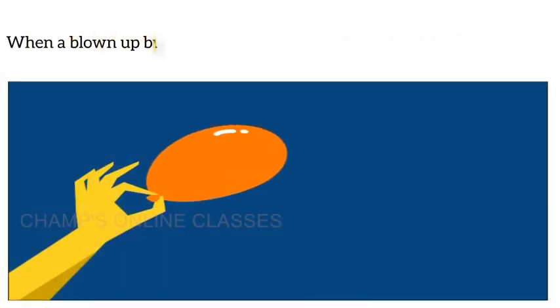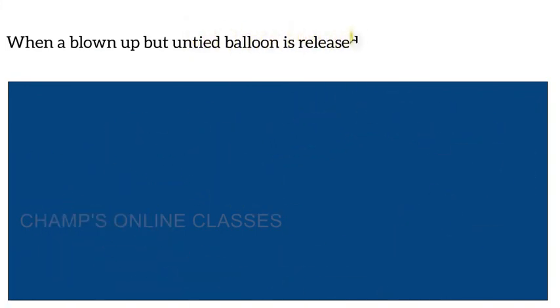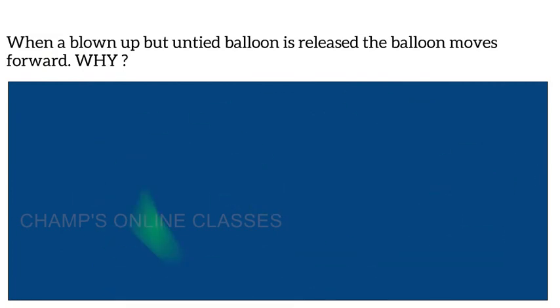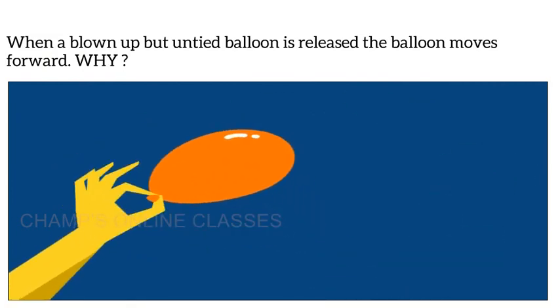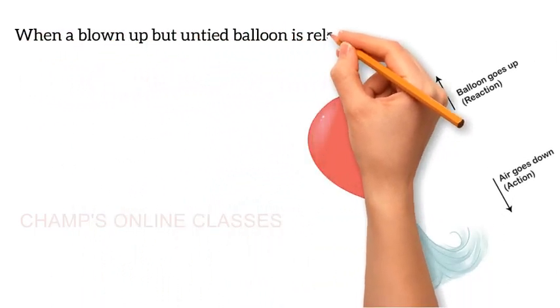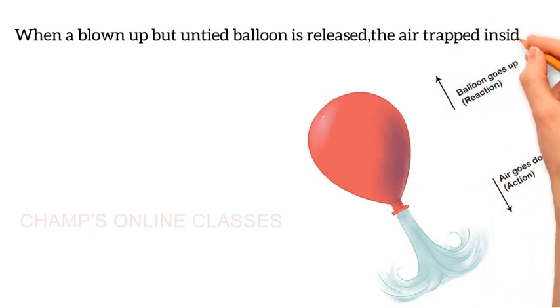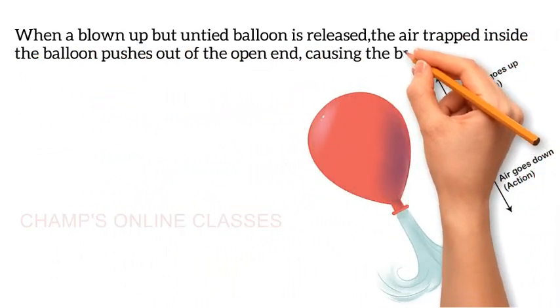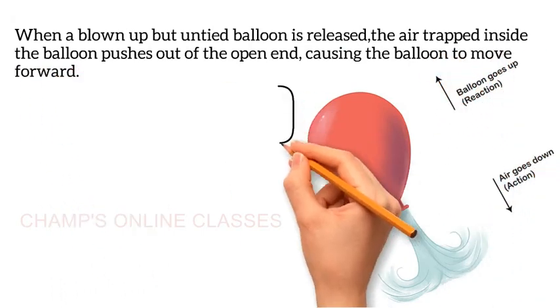When a blown up but untied balloon is released, the balloon moves forward. Why? Let's understand this by Newton's third law. So, when a blown up but untied balloon is released, the air trapped inside the balloon pushes out of the open end, causing the balloon to move forward.